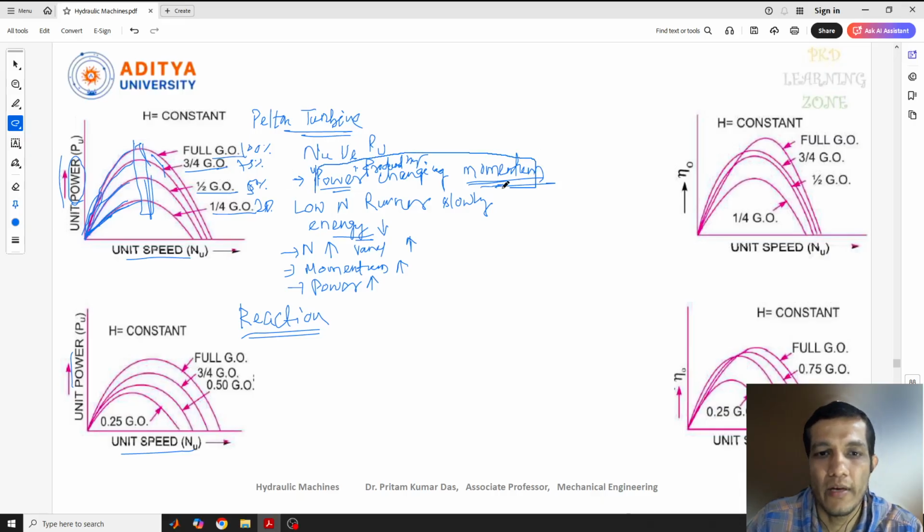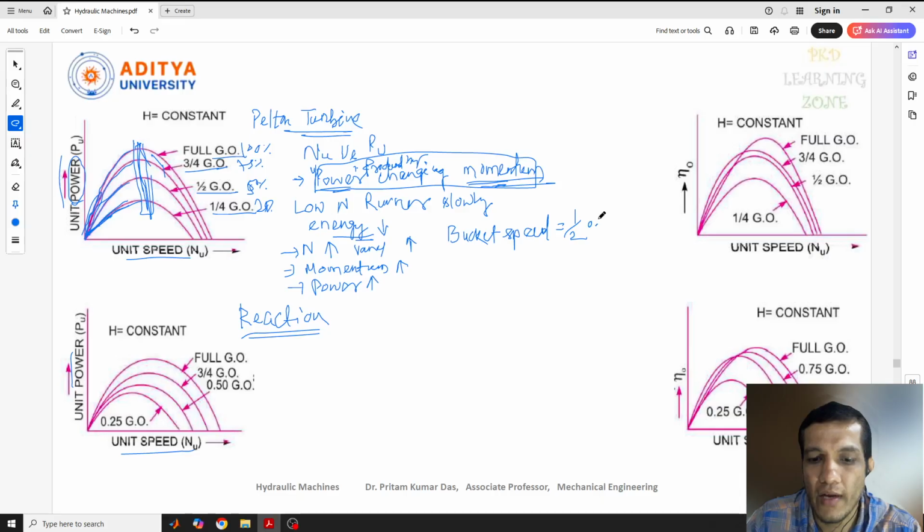Just remember this point so that we can easily understand. After reaching a particular speed, we have derived one equation previously, if you remember. There I told you that bucket speed will be equal to half of the jet speed.